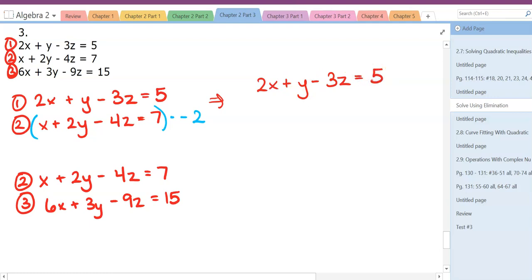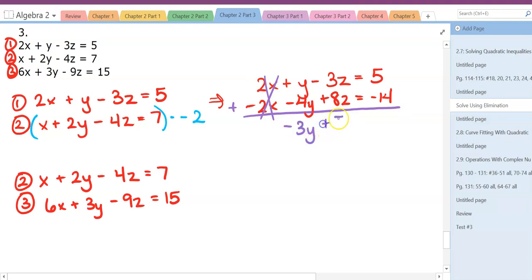Now the bottom one says -2x minus 4y plus 8z equals -14. Then I add my equations. The x's cancel, and I've got -3y plus 5z equals -9.